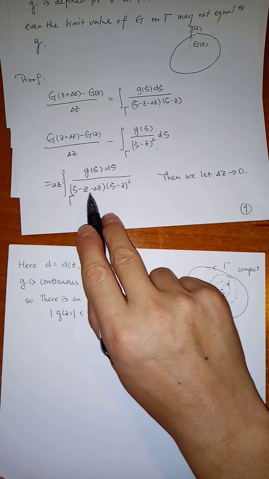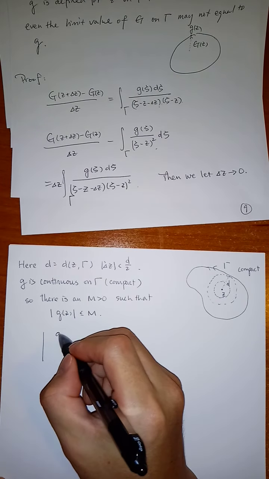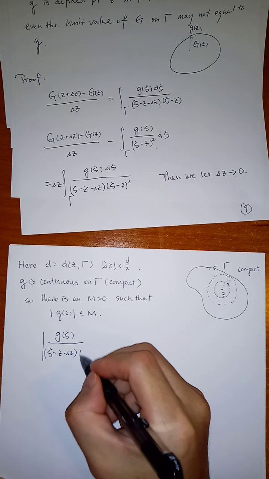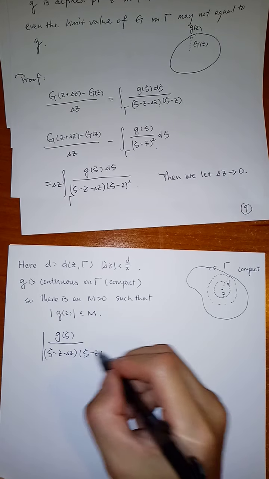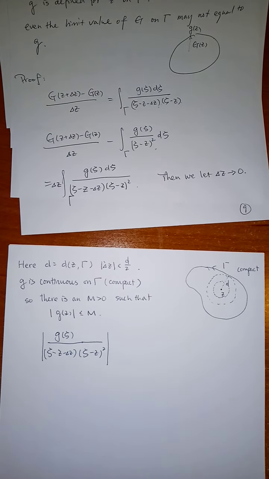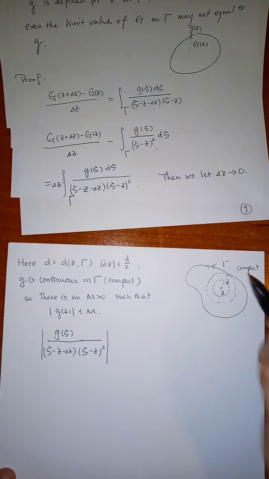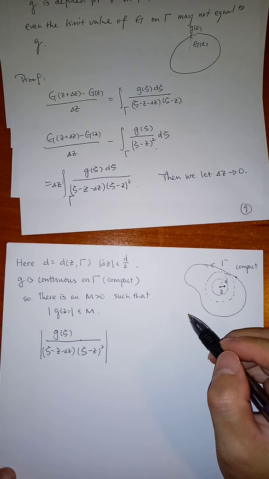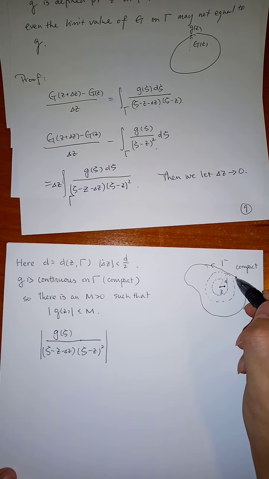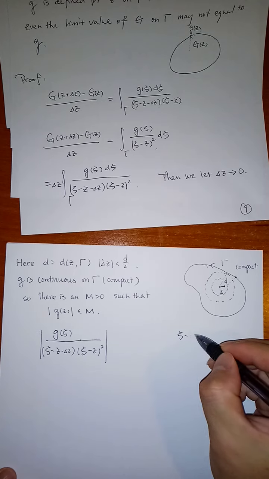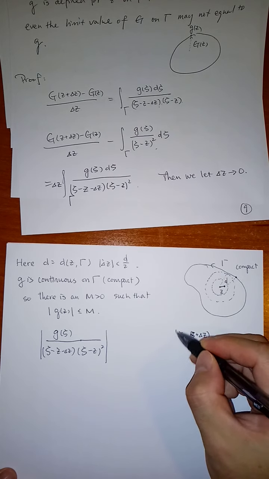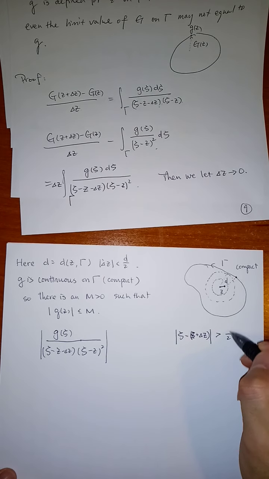Okay, then let's check. We are going to estimate here g(psi) over (psi minus z minus delta z) times (psi minus z) squared. You see psi is here, delta z is here, so z plus delta z is more or less in this place. So this distance is greater than 1/2 d.